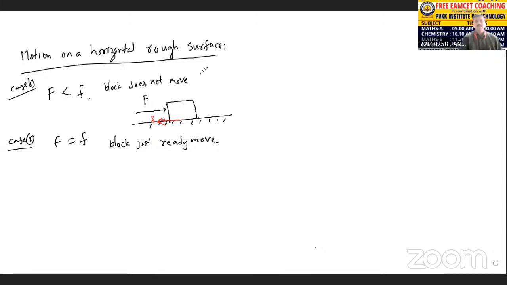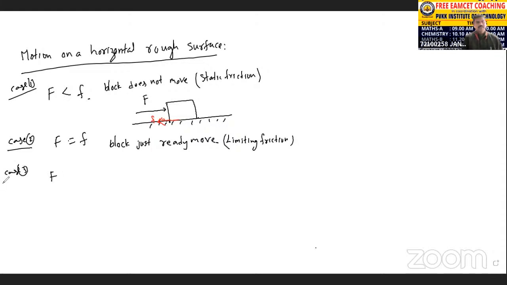This is static friction, and the state of being ready to move is called limiting friction.